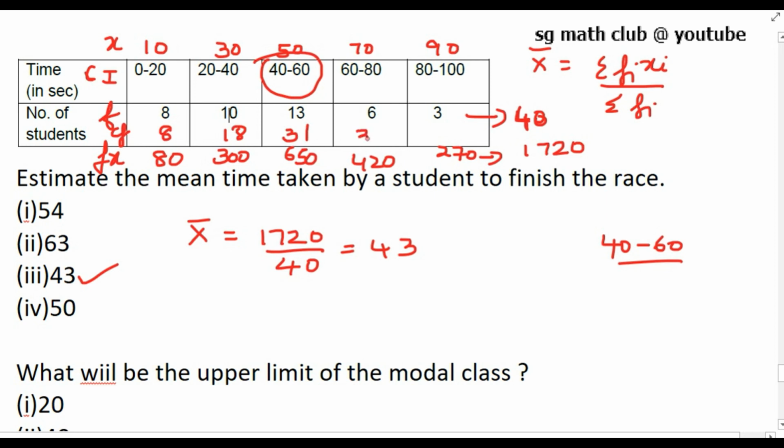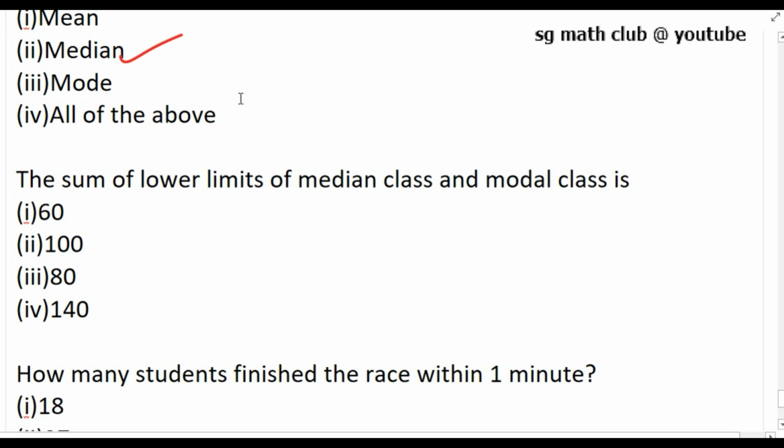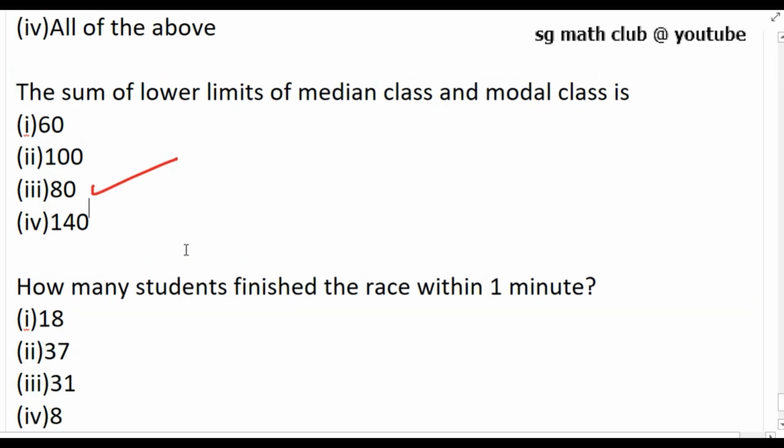When you add this, 31 plus 6 is 37, 37 plus 3 is 40. So the median class will also be 40 to 60. Median class and modal class both are 40 to 60. So the sum of the lower limits of the median class and modal class is 40 plus 40 is 80.